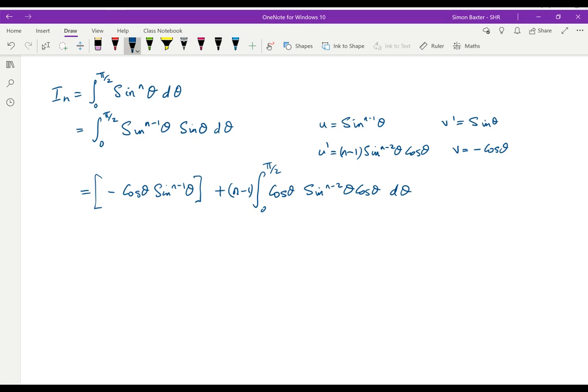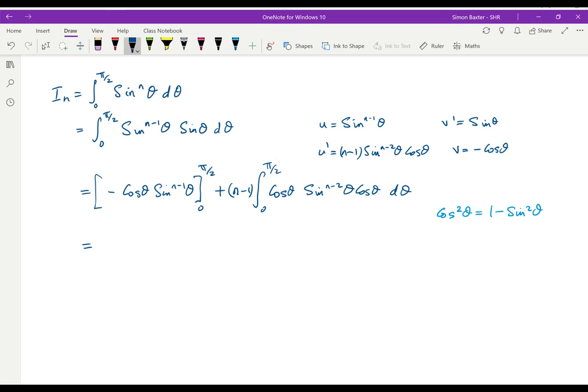We are looking for things which only involve a power of sine. We actually have cos times cos. We've got that cos squared theta. If I want to change that into sines, I've got to write 1 minus sine squared. Limits on the first bracket are 0 to pi by 2.